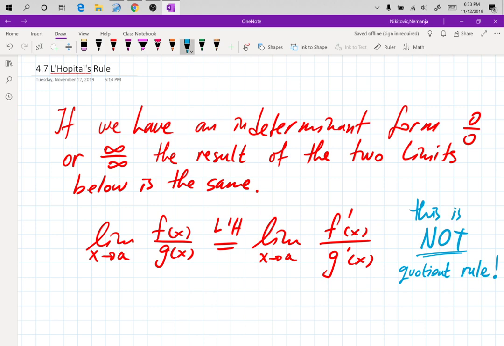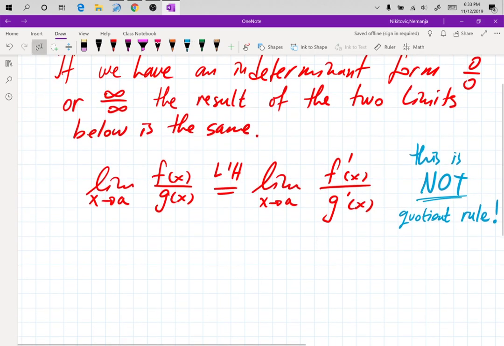They have nothing to do with each other. The interesting part here is that even though you are completely changing the problem, the limit of the problem remains the same.